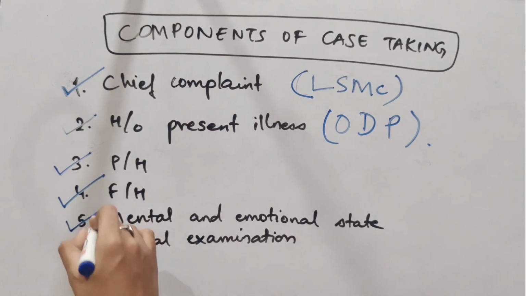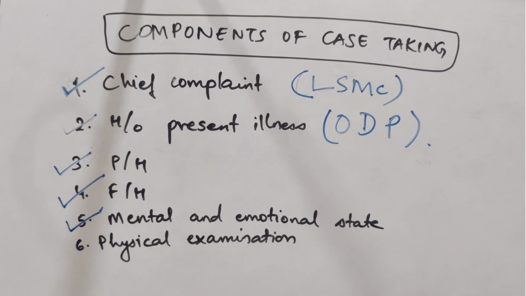Fifth, mental and emotional state. Understanding the patient's emotional temperament, stress factors, fear and coping mechanisms, they are very crucial in homeopathic remedy selection. Sixth, last but not the least, is physical examination.